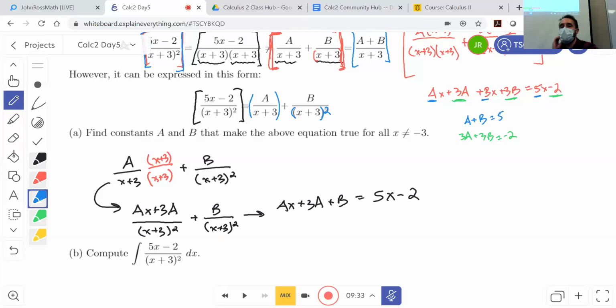And if we play the same game as before, we see this is something we can compute in a relatively straightforward manner. If we match our x's, with our blue equation we just get ax equals 5x, and so a equals 5 straight up. With our green equation, we end up with 3a plus b equals negative 2.